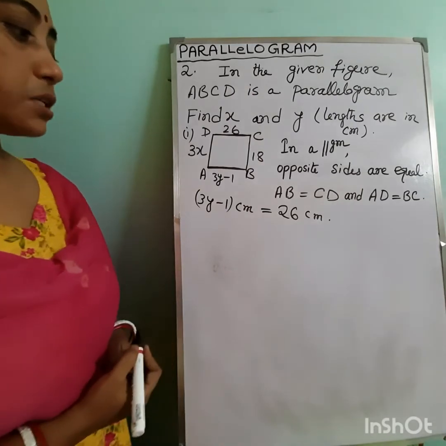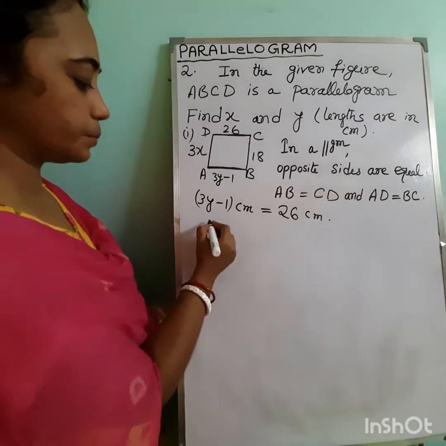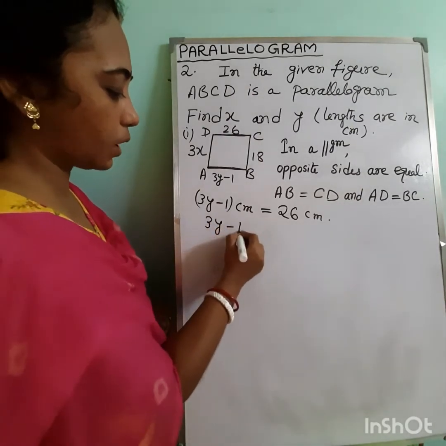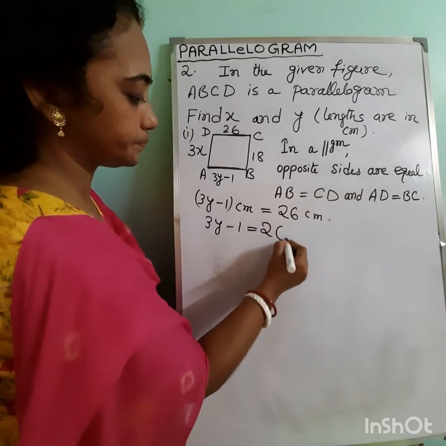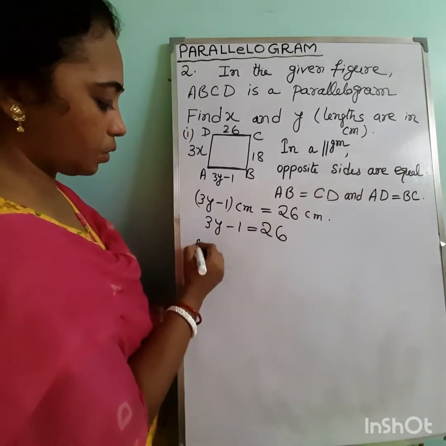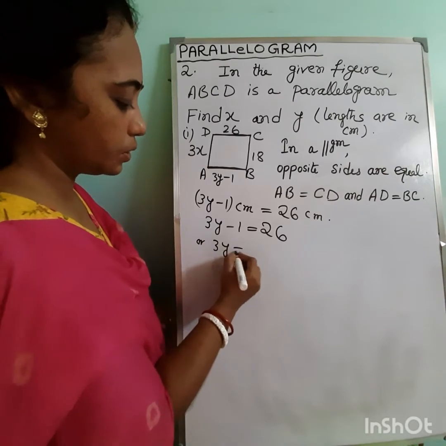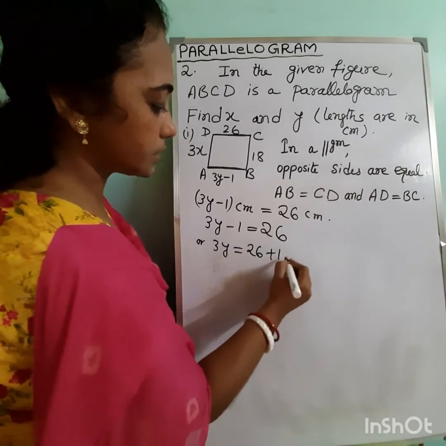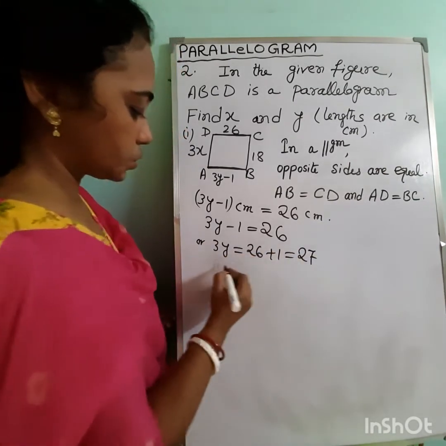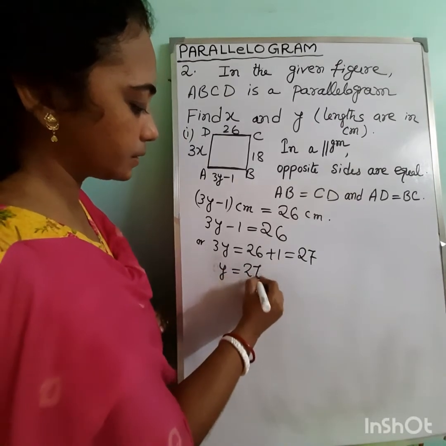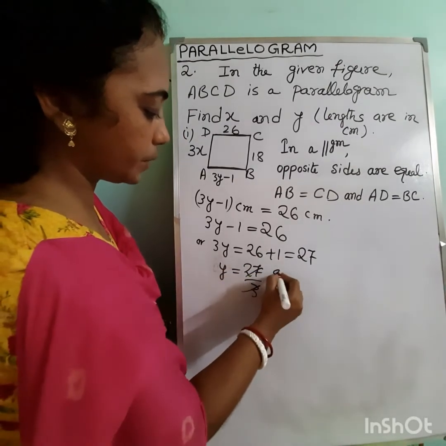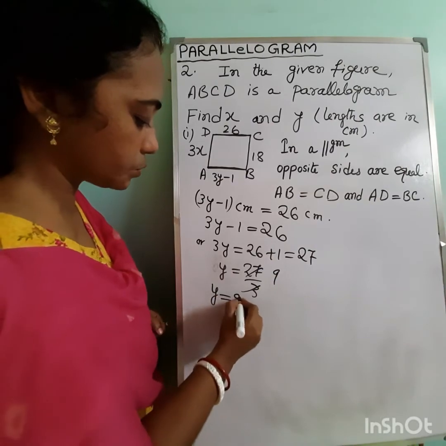For calculations we will not take the centimeter. That means simply we write 3y minus 1 is equal to 26. So 3y is equal to 26 plus 1, which is 27. So y is equal to 27 by 3, that means it is 9. So here we are getting y is equal to 9.